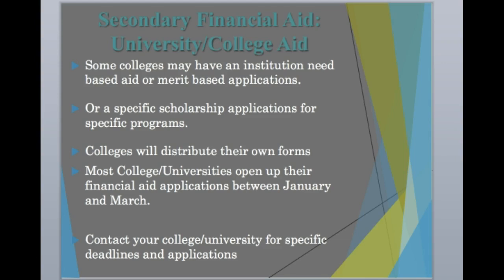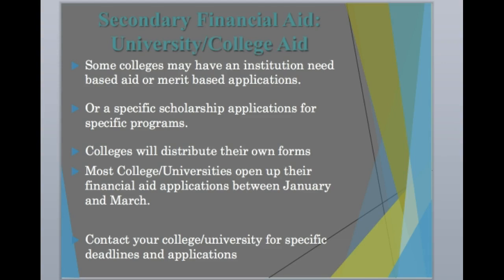Now moving on to secondary financial aid through the university or college. Some colleges do have institutional need-based aid and merit-based aid applications, or a specific scholarship application for specific programs. So colleges will distribute their own forms to you. Typically in January or February, your college or university will open up their financial aid applications.